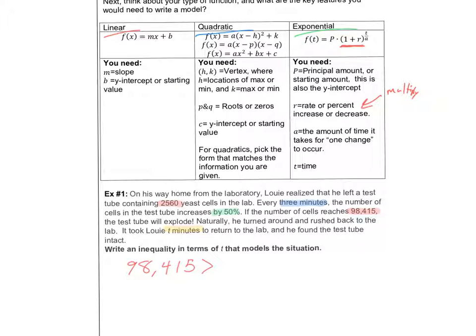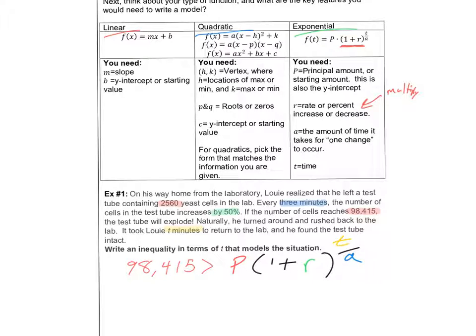So let's go ahead and just put in our equation. So I'm just going to write p. Remember, it's 1 plus our r value, which I'm going to write in green. And then it's going to be whatever our t value is divided by whatever our a value is.